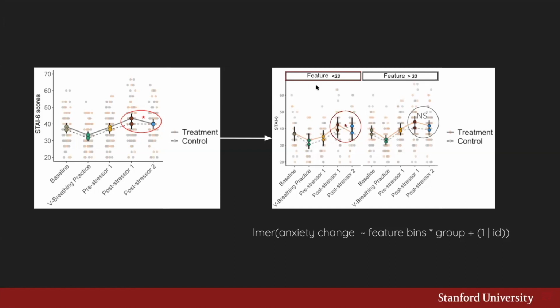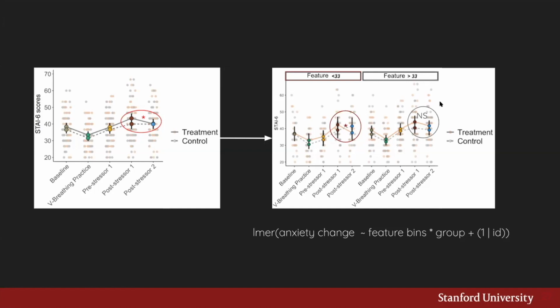For example, if we were able to bin the data into 2 sets, for example, people low on reappraisal versus people high on reappraisal, people low on openness versus people high on openness, and then demonstrate that for one of the bins, we see an interaction effect, meaning if the participants are in the treatment group, they benefit from the device, there's a drop in anxiety, but if they're in the control group, they don't.